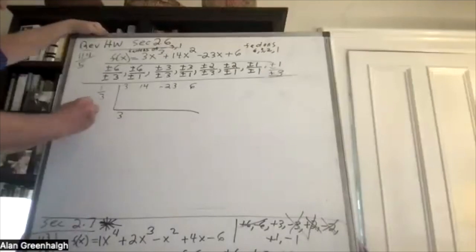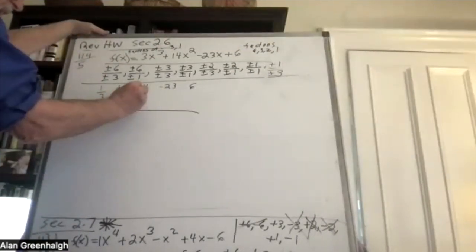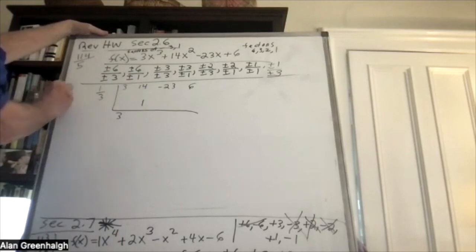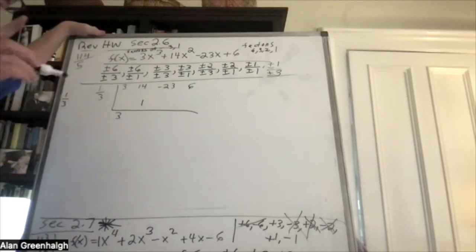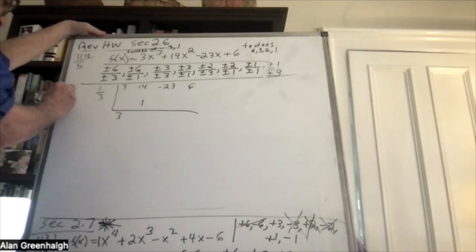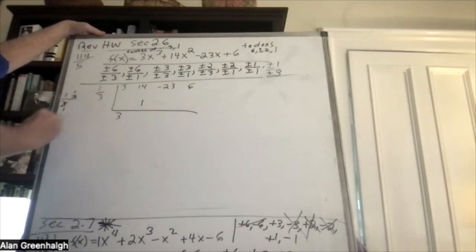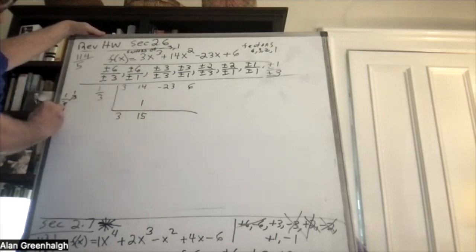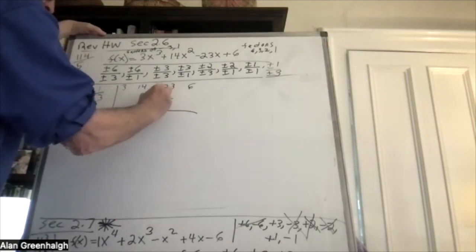So 3 and 1. Okay, good. 1/3 of 3 is 1. For those of you challenged with fractions, 1/3 of 3 is 1. 1/3 of 15 is 5.